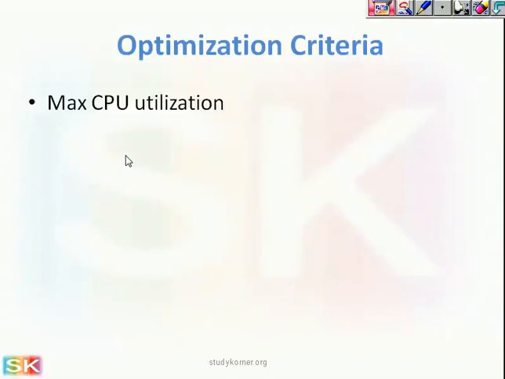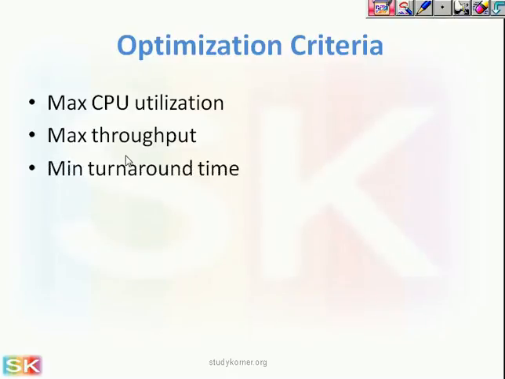So optimization criteria for any scheduling policy can be maximizing the CPU utilization, maximizing the throughput, minimizing the turnaround time, because turnaround time is the time duration between submission of a process to the system and the completion of the process.